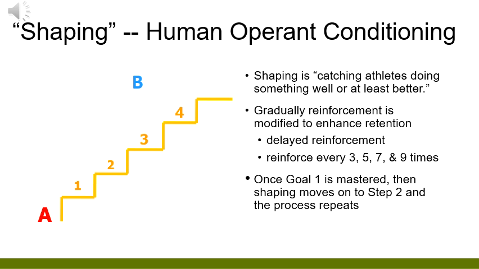You begin to reinforce every third time they do that thing right, or every fifth time, or every seventh time, or every ninth time. And then once that goal is mastered, the shaping moves on to step two, and you repeat the process with something harder. It's called the what's next philosophy. We mastered this goal. Now, what's next? What's the next goal I need to learn and master?